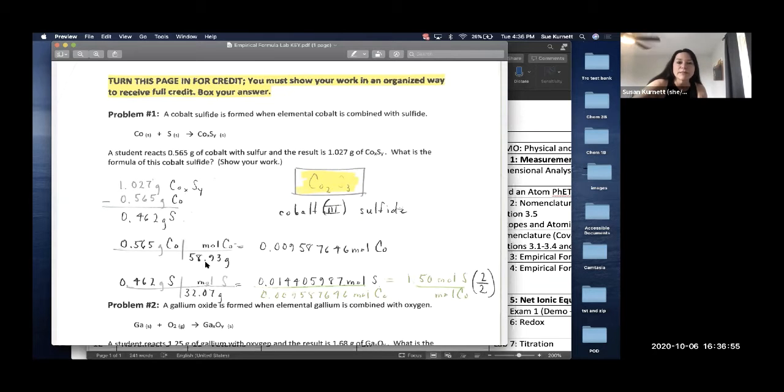And then we use the molar mass. So here I have the molar mass for cobalt to figure out how many moles of cobalt are present in that sample. And I use the molar mass for sulfur as it appears on the periodic table, not S8, to figure out how many moles of sulfur I have. And then I'm dividing by the smaller number in green to come up with the ratio of sulfur to cobalt in this compound. Okay, I'm about to hide that screen and then work through the problem.